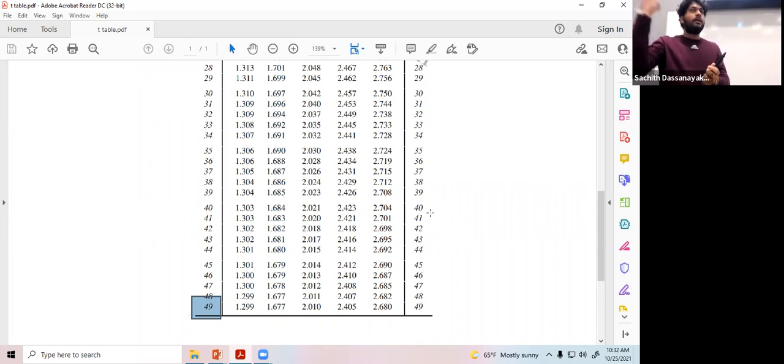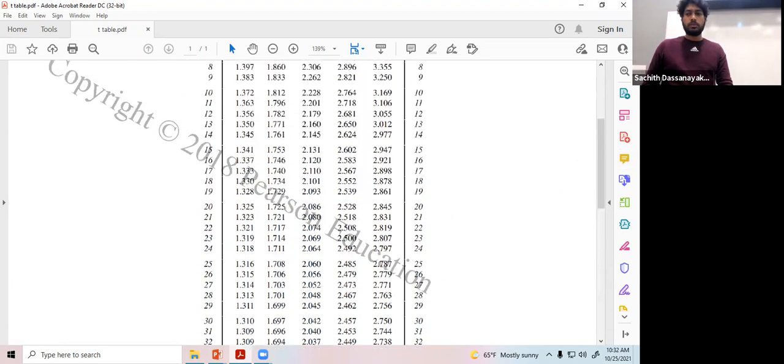If you don't know sigma but your sample size is large enough, like 50 or 60, it is another scenario. We will talk about it later. But up to n equal 50, you can use this table under sigma unknown. Okay, clear?